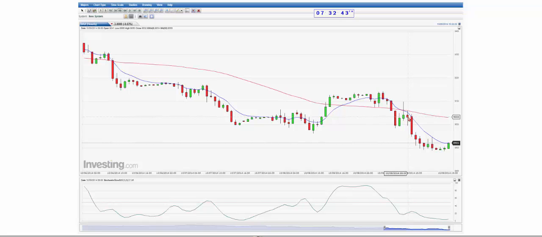So I placed a trade right there, actually a little bit higher. That's 9030. There we are, 9035. I sold the market right here.